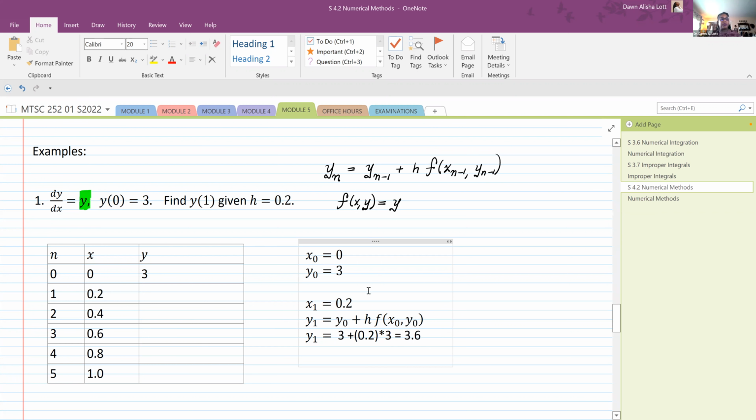And that value is 3.6. So now we know y1 is 3.6.